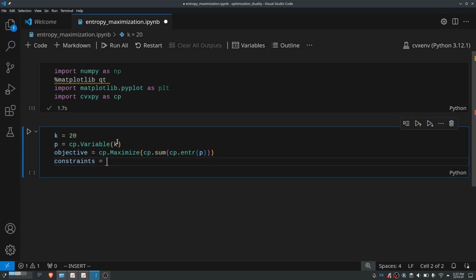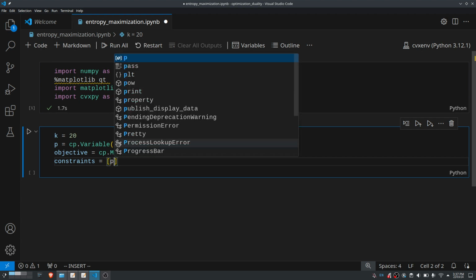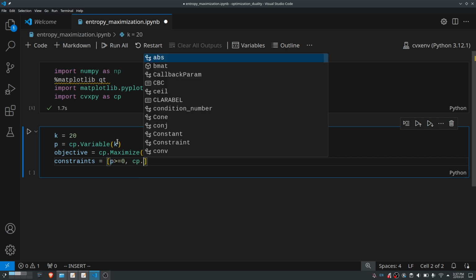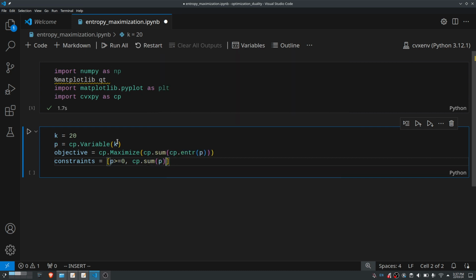But what are the constraints? Yeah, correct. So p of course should be greater than or equal to 0. It's the first constraint. Summation of the pi should be equal to 1. cp dot sum of p should be equal to 1. We can impose some kind of a mean constraint.